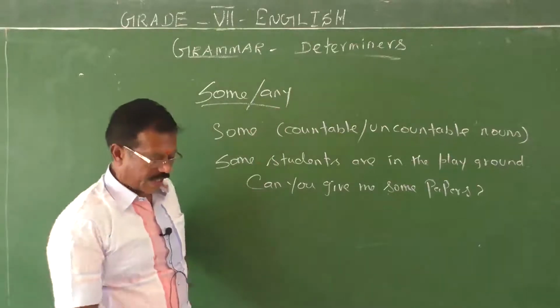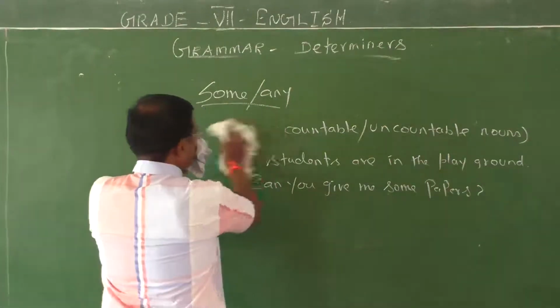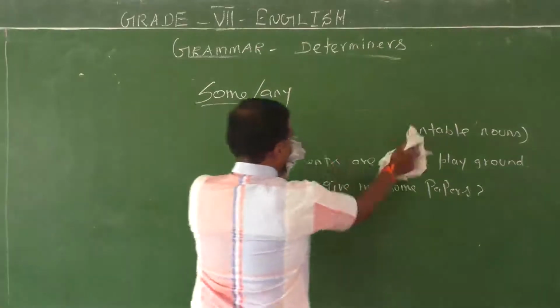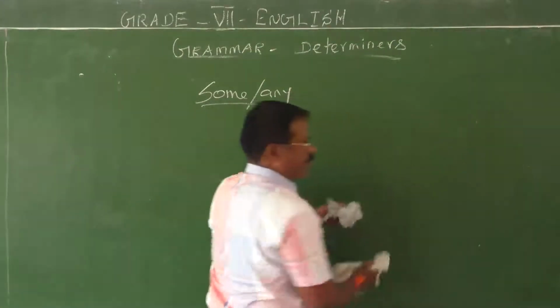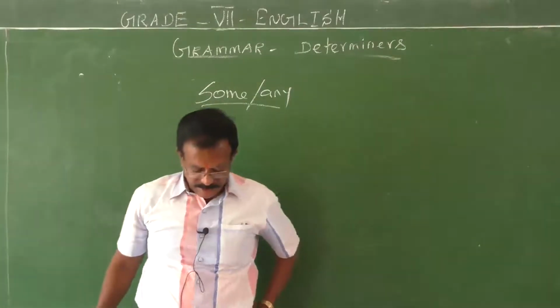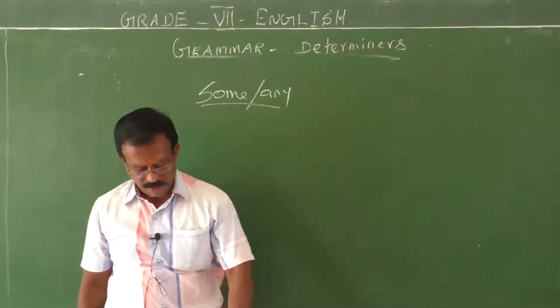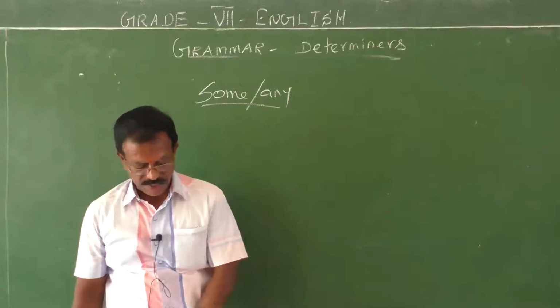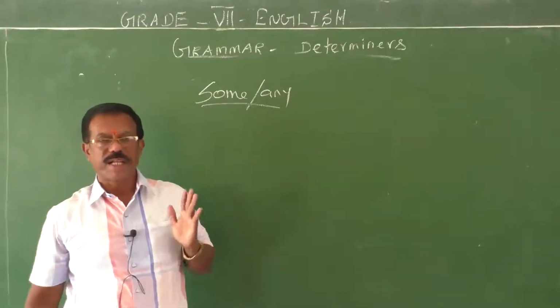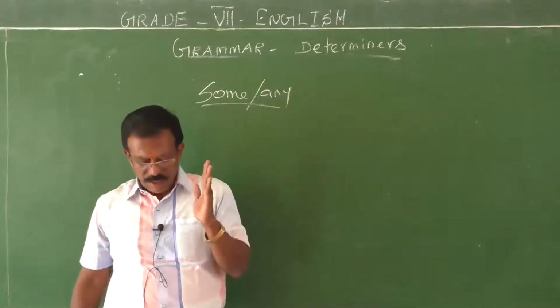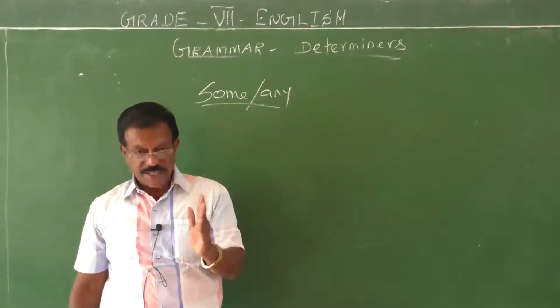Next, the use of any, where we can use it. Really speaking, any can be used before countable and uncountable nouns with reference to number or quantity. It is used in negative sentences.